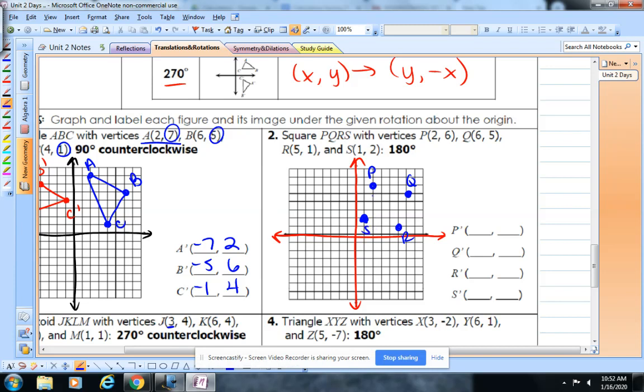I was kind of afraid it wasn't going to look like a square, but it does. Okay, so a 180-degree rotation is like you take your whole piece of paper and turn it all the way upside down, right?